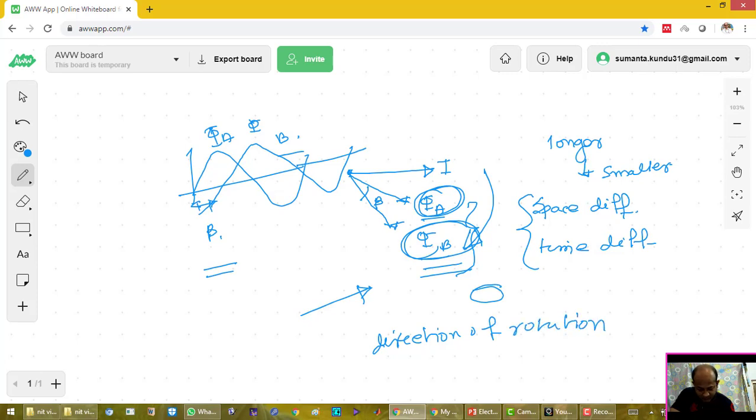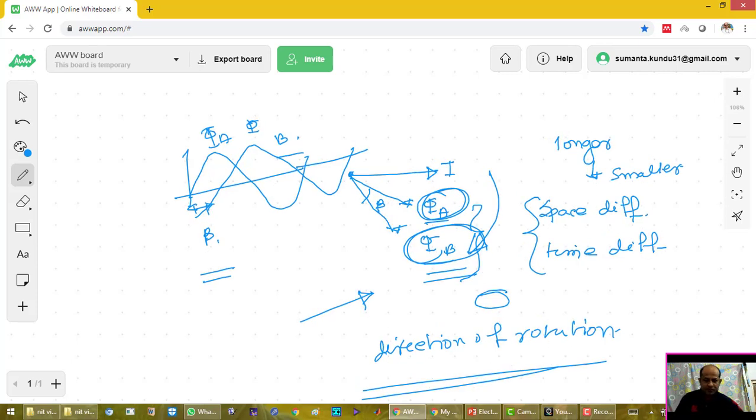Where a very low starting torque is required, we use the reluctance type motor. So this is the working principle of the reluctance start induction motor.